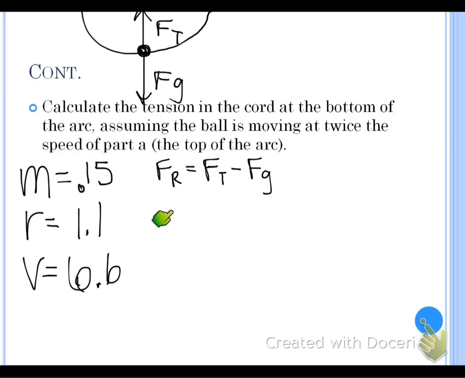We can substitute right here. Mass times v squared over r equals force of tension, which is what we are solving for, minus mass times gravity. Go ahead and get the numbers plugged in and solve for force of tension.